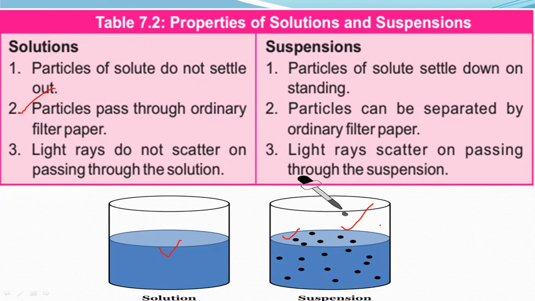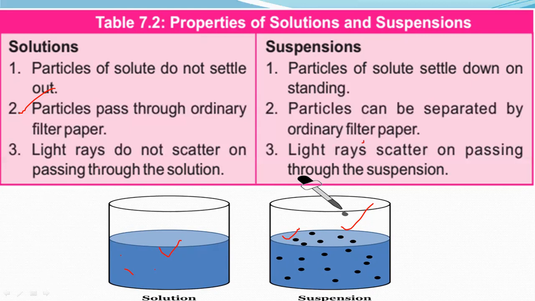In a suspension, we can filter them out, and these sand particles and tea particles can be left on the filter paper. But in the solution, the particles are not easily visible because they are completely dissolved in the liquid, so they pass through the filter paper and are not left on it.